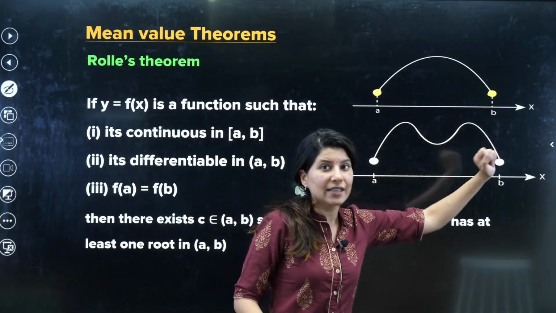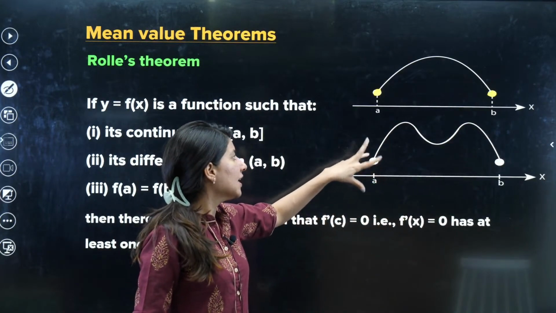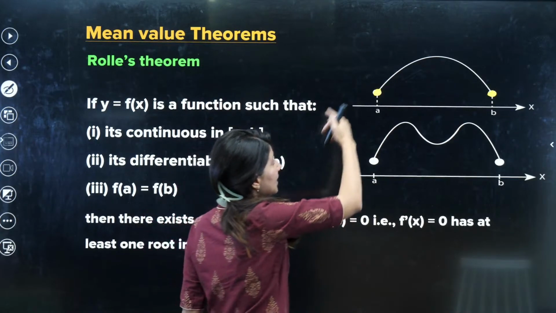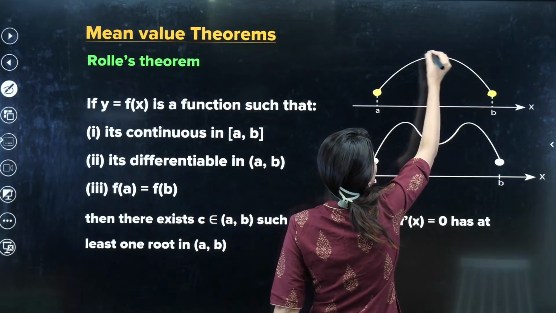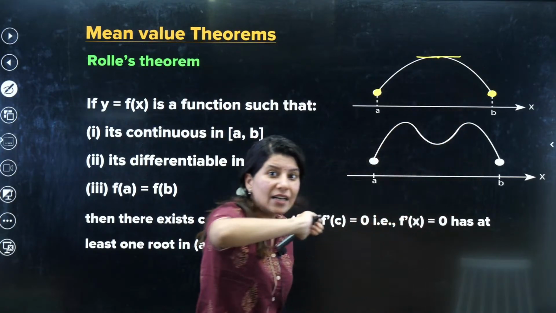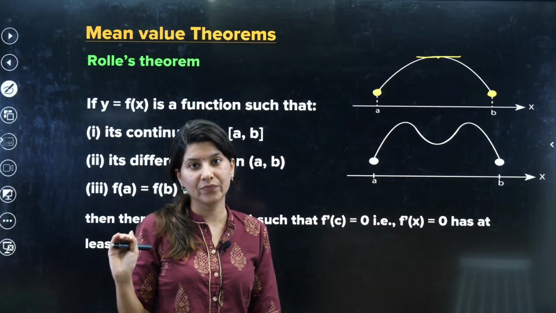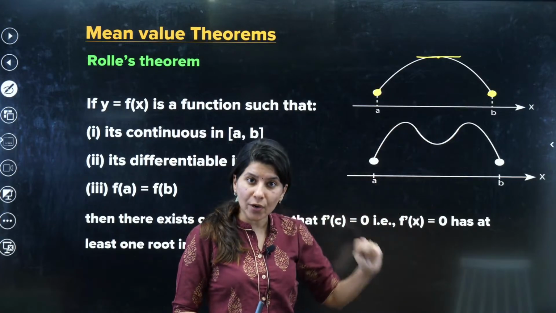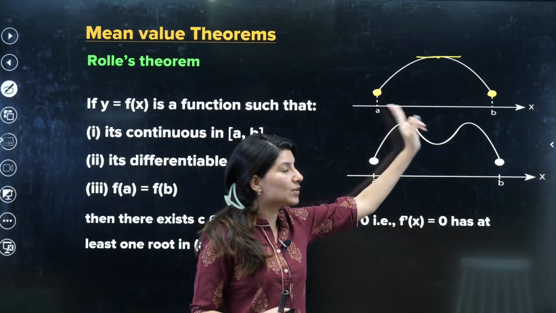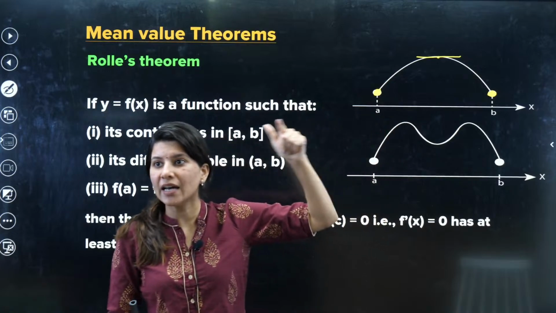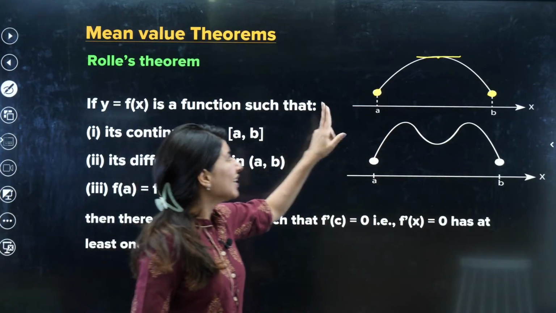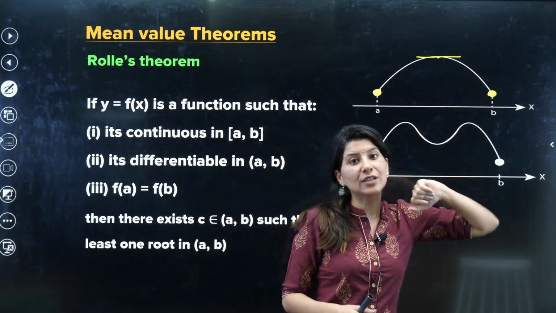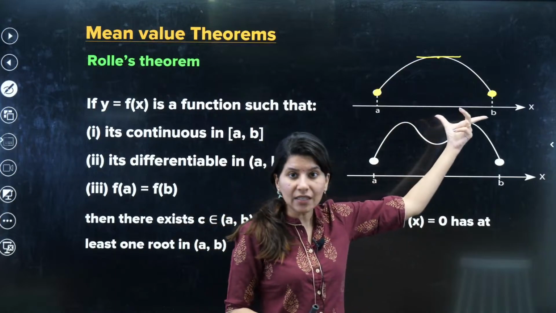If both the values are equal, then what we can conclude is that there exists at least one point where we can draw a horizontal tangent. That's all Rolle's wants to say. If the function is continuous and differentiable between these two points, and along with that f of a and f of b are equal, then you can draw a horizontal tangent at least at one point in between these two values.